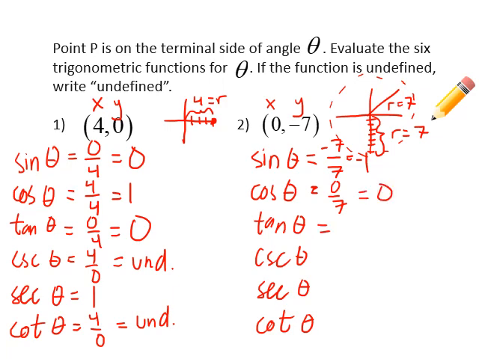Tangent is going to be y over x, -7 over 0, which is undefined. Cosecant, reciprocal of -1 is -1. Secant, 7 over 0 would be undefined. And cotangent, 0 over -7 is 0.